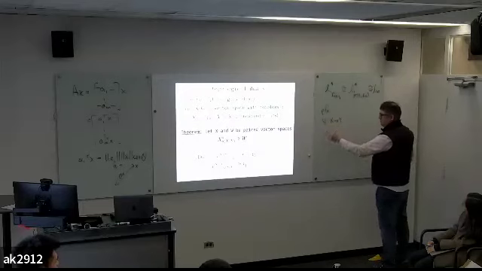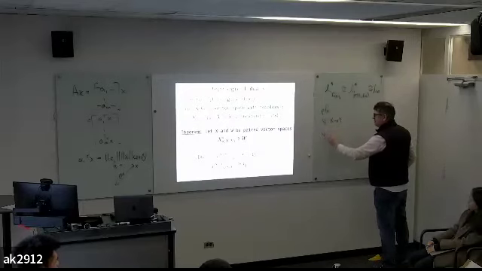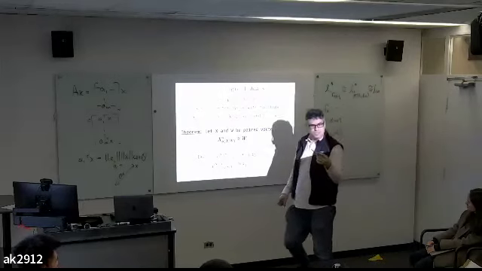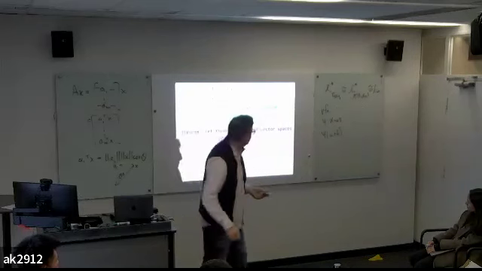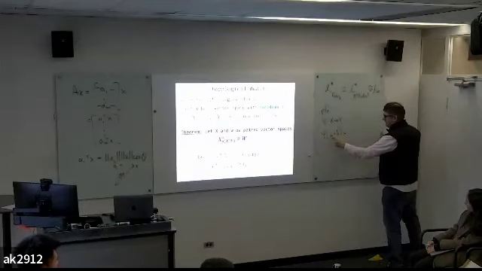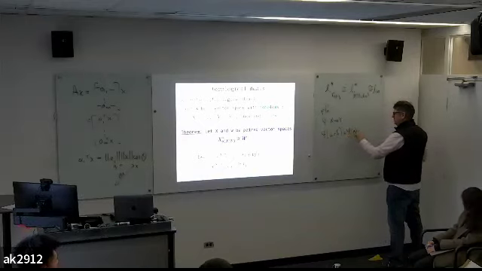So what's the definition of a linear function? It has two properties, right? We have the addition property. A function is linear if it respects the underlying properties of the vector space itself. So if I take phi of A plus B, this will be phi of A plus phi of B, right?